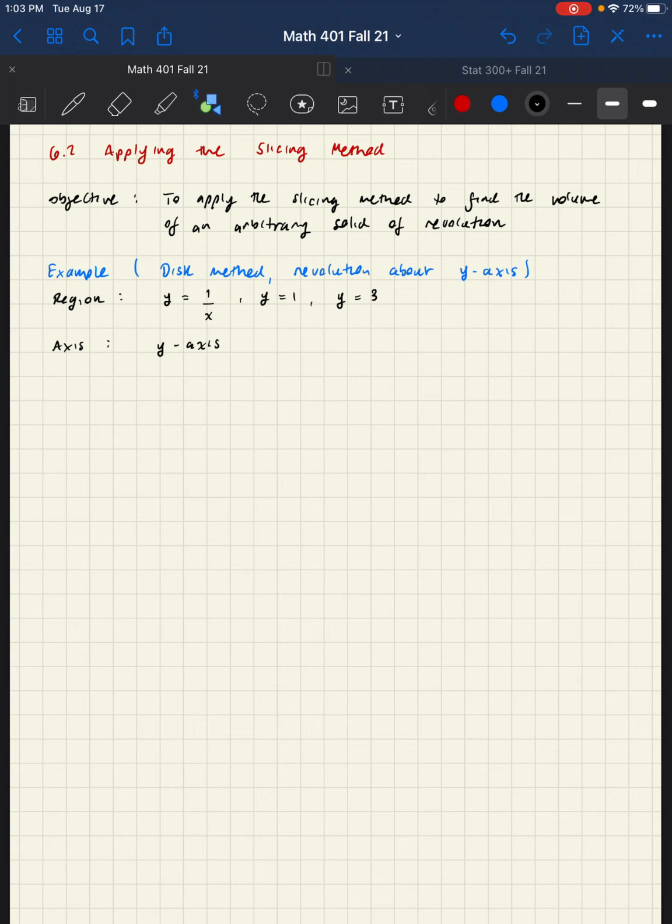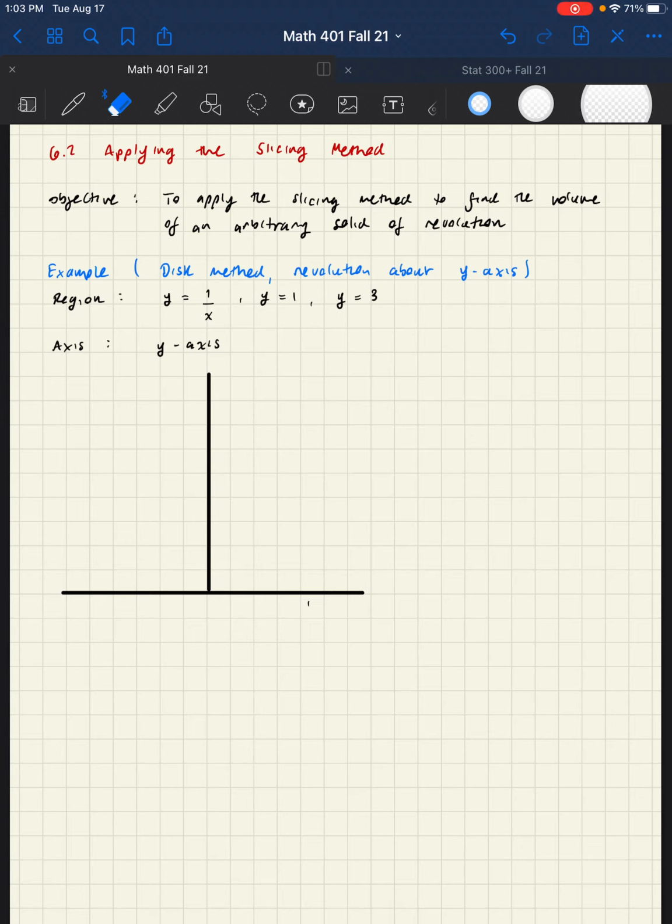I'm going to try to make the graphs a little bit bigger, just so that we have a much better picture. Let's extend this so that we have 1, 2, 3. Okay, that should be better.